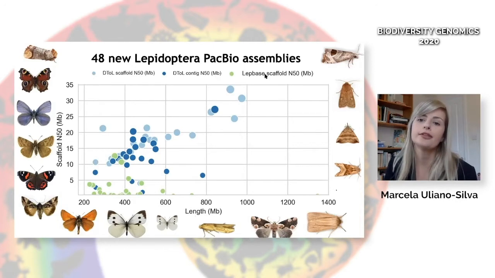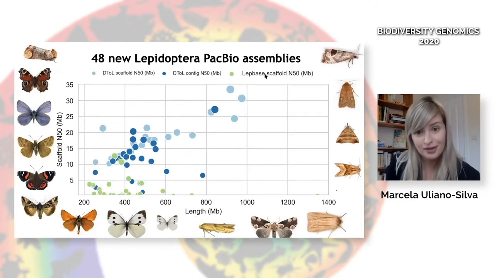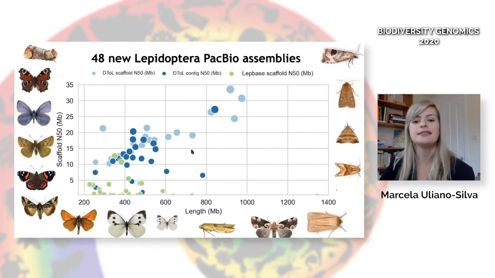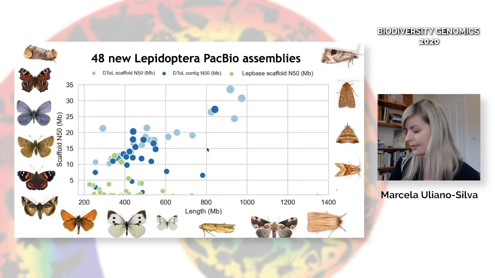We have also plotted the assemblies done by experts, presented in the lab-based database, mainly done with short read sequencing and a lot of hard work. But as we can see, sequencing and assembly progresses, and we have a lot of very contiguous Lepidoptera assemblies here, which is amazing. So this really opens up the possibility for so much science to be done.